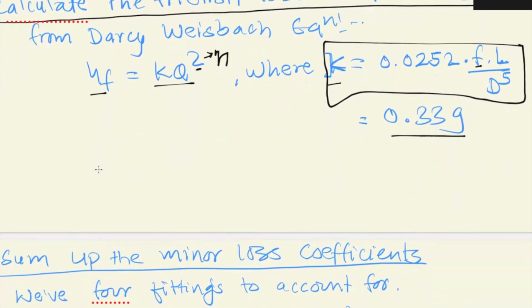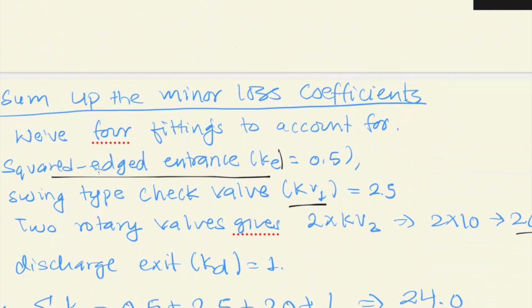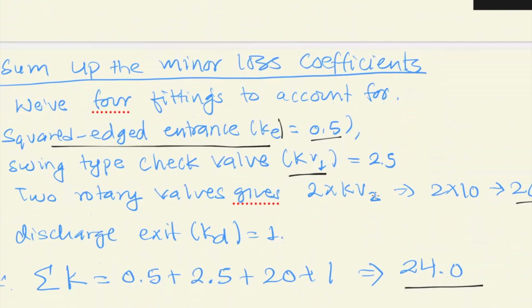Let's go on to find the minor loss coefficient. Basically, we have four fittings to account for. One is the square-edge entrance, which has a value of Ke as 0.5. The swing type check valve, Kv1, is 2.5, and the two rotary valves give us 2 times Kv2, which will be 20.